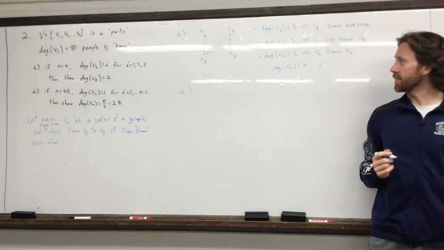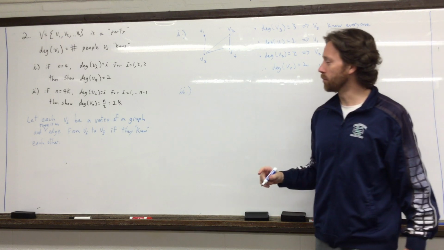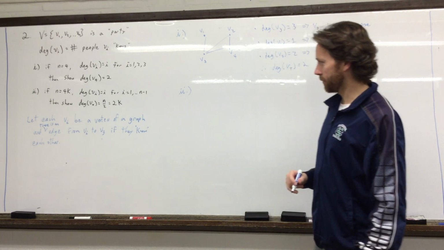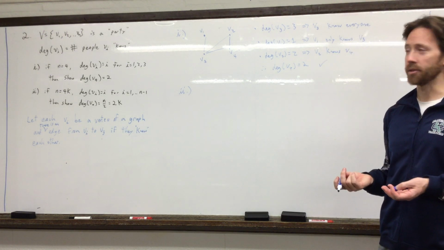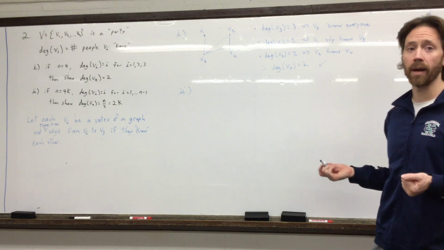So I guess that was pretty easy, and it's probably only worth 1 or 2 points out of 10. The main problem really is part 2, the general problem. And hopefully it jumps right out at you, not only that we should use graph theory, but that this is a problem using proof by induction.